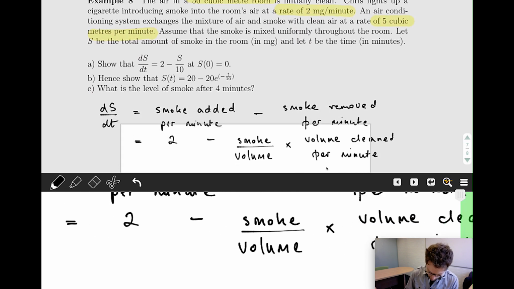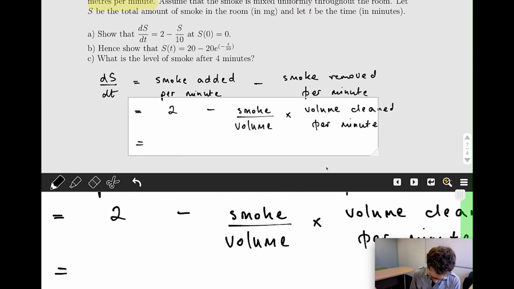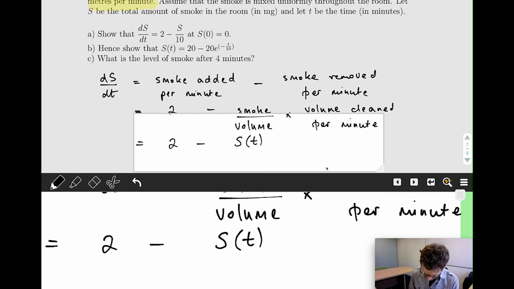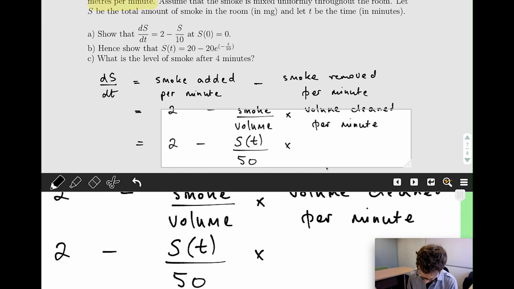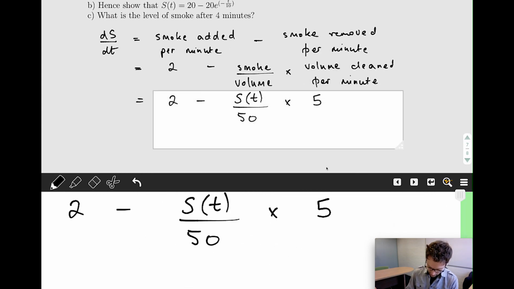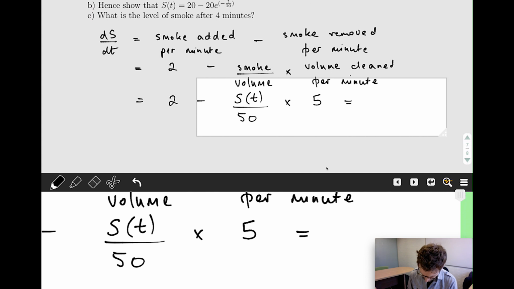So what is the smoke per volume? Well, that's going to be the total amount of smoke, which is an unknown value S, per volume, which is 50 cubic meters, multiplied by volume cleaned per minute, which was given by 5 cubic meters per minute. So now I have a single equation for dS/dt.